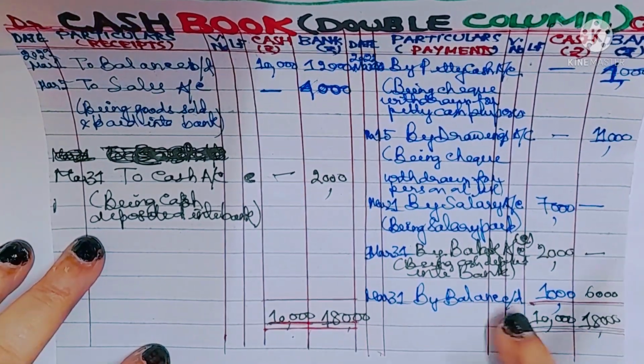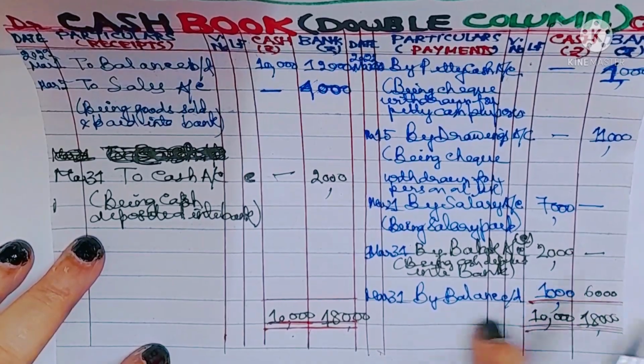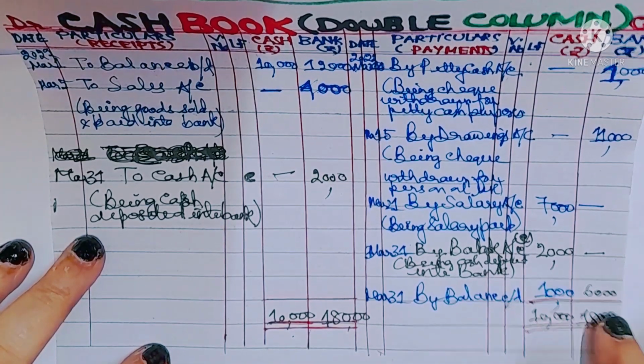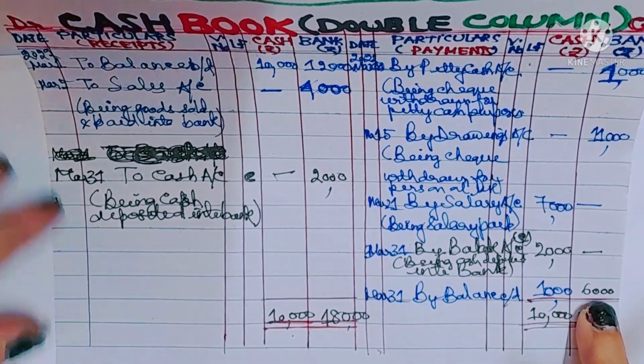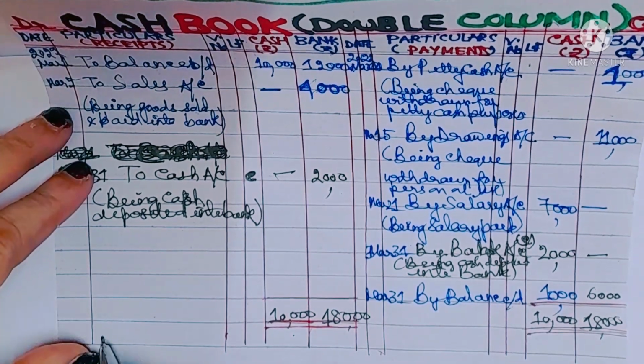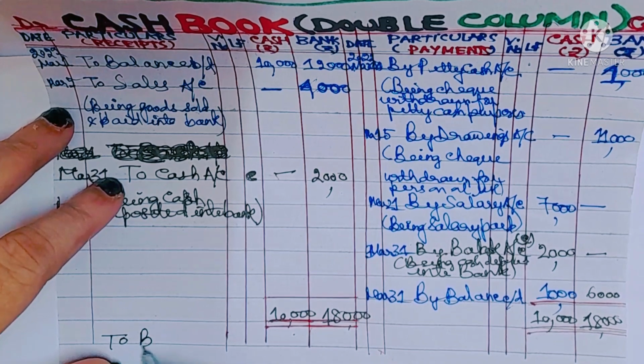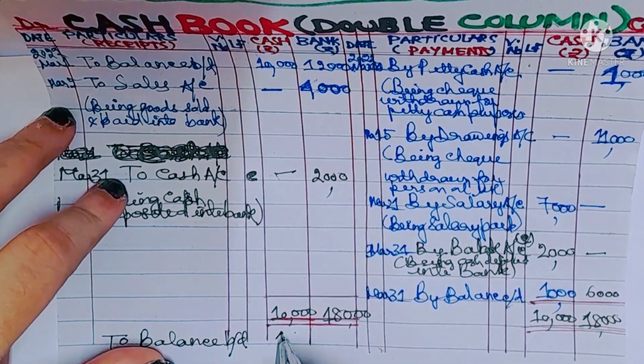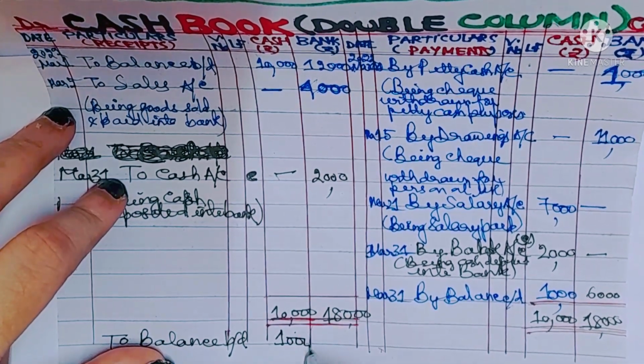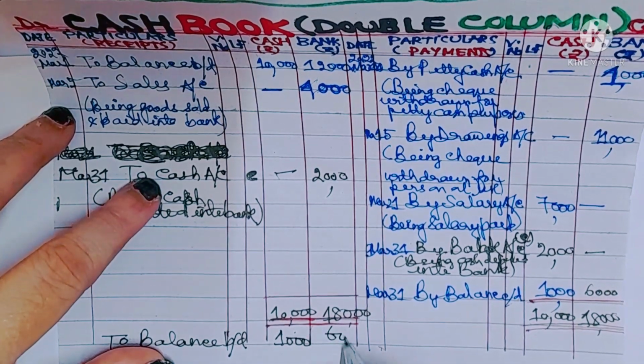So the closing cash in hand for the month of March is 1,000 and the closing cash at bank for the month of March is 6,000. So this "By balance c/d" will be brought down beneath the debit total to balance b/d, 1,000 beneath the cash column and 6,000 beneath the bank column.